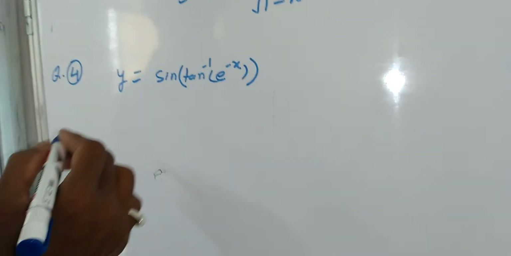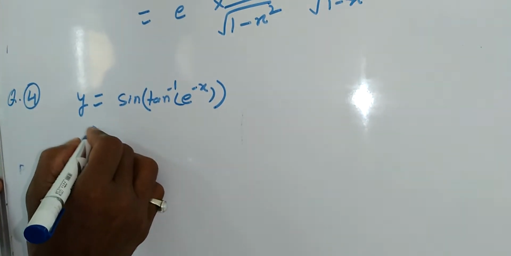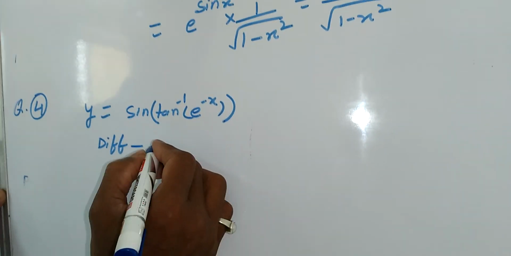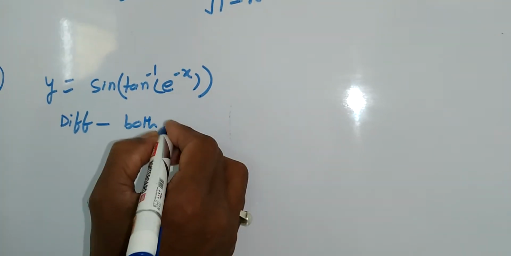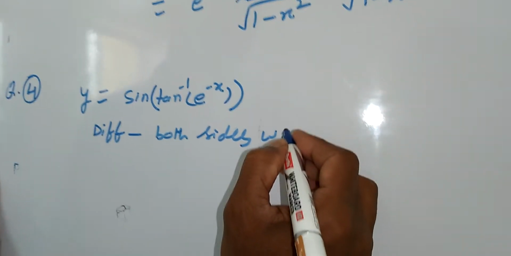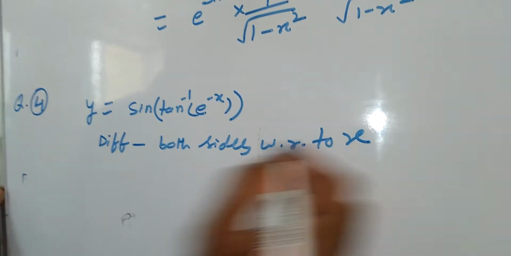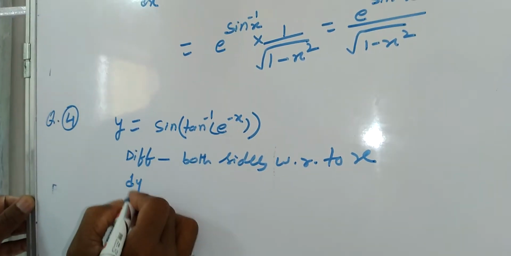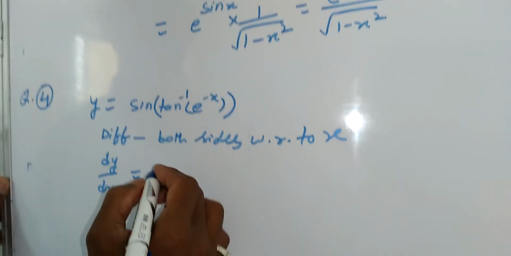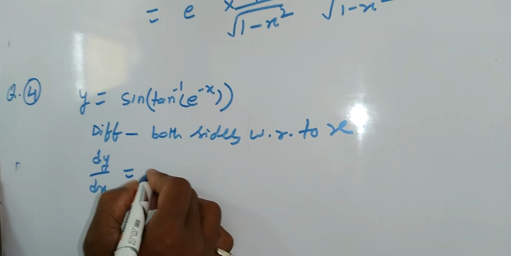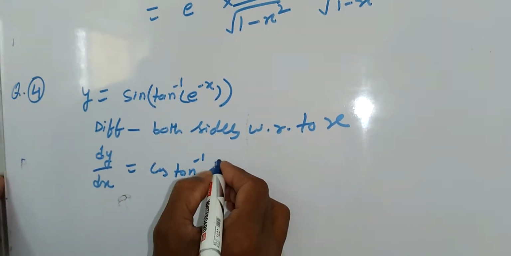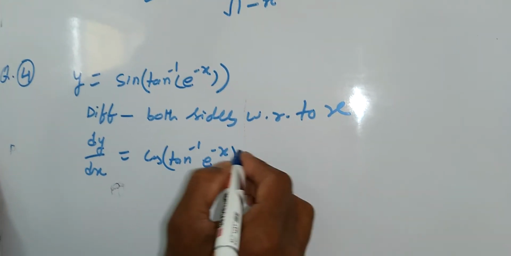Again we will apply the chain rule here, differentiating both sides with respect to x. Left hand side dy by dx, right hand side the derivative of sin x, we know, is cos x, so cos tan inverse e to the power minus x.